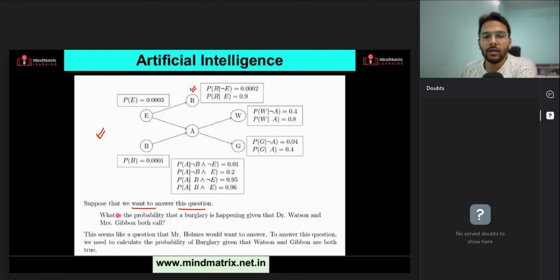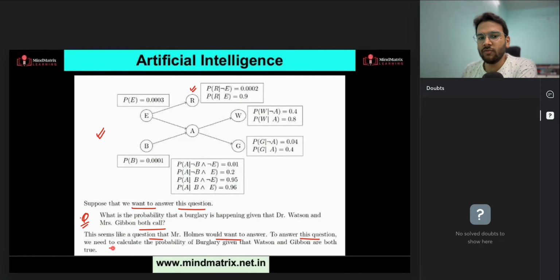Now suppose that we want to answer this question. What is the probability that a burglary is happening given that Dr. Watson and Mrs. Gibbon both called Mr. Holmes? This seems like a question Mr. Holmes would want to answer.